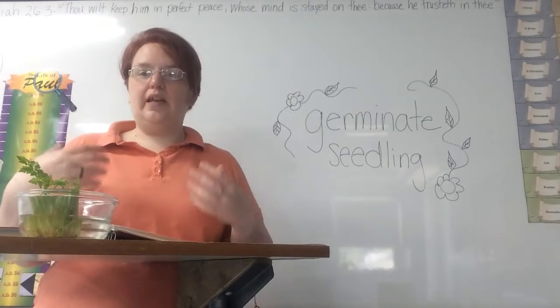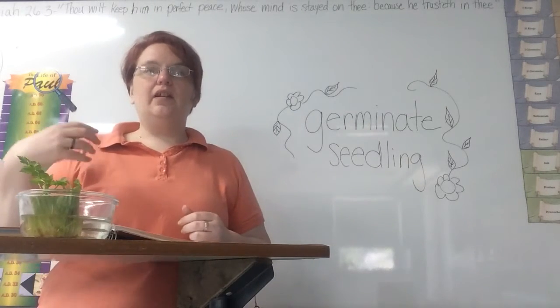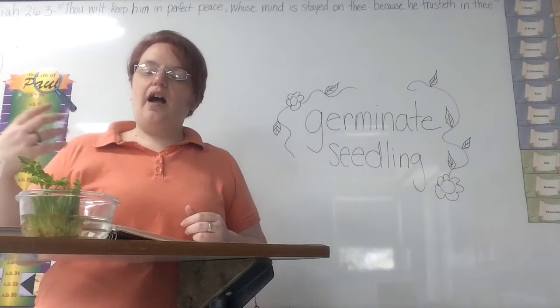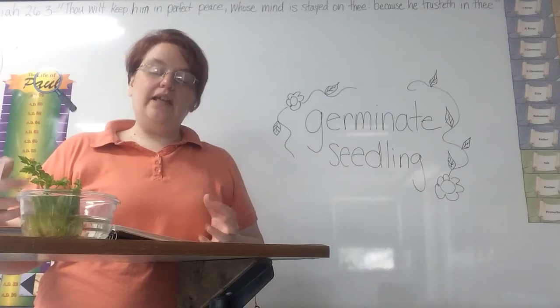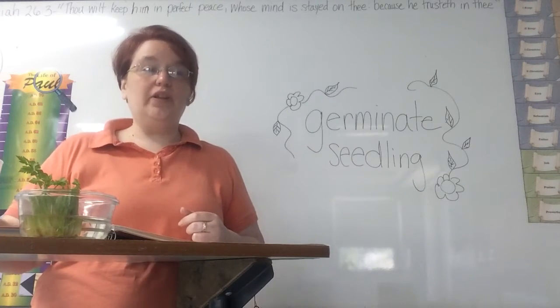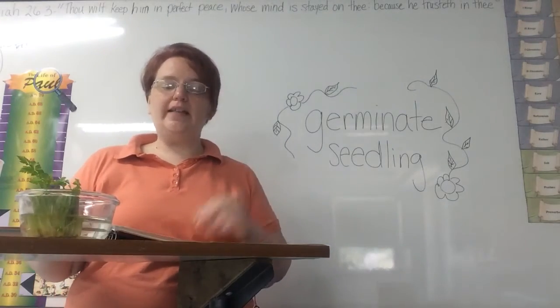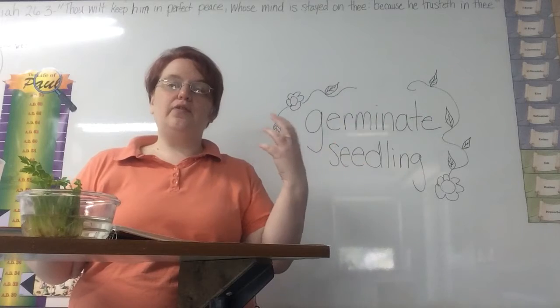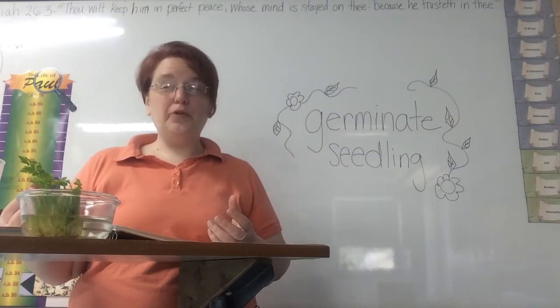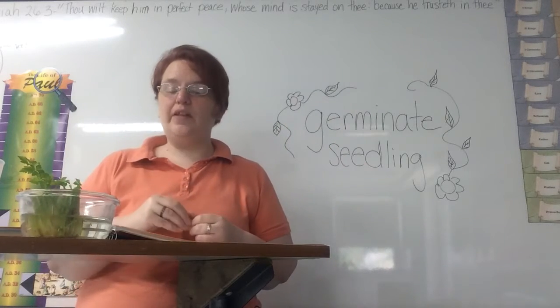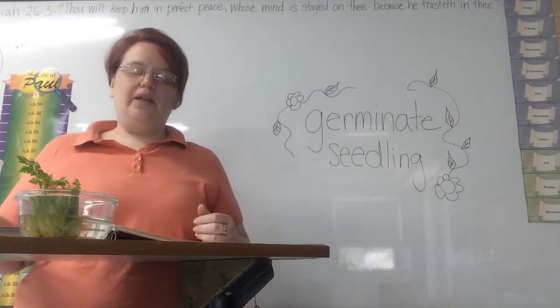Most flowering plants are pollinated through either insect or animal pollination. When they're getting food from the flower, they get pollen all over their bodies and they move to another flower to get more food, and then that pollen sticks to the pistil and therefore it becomes pollinated.